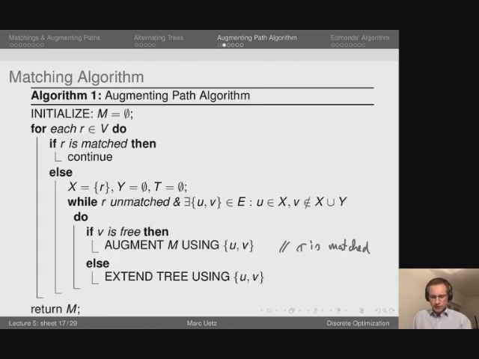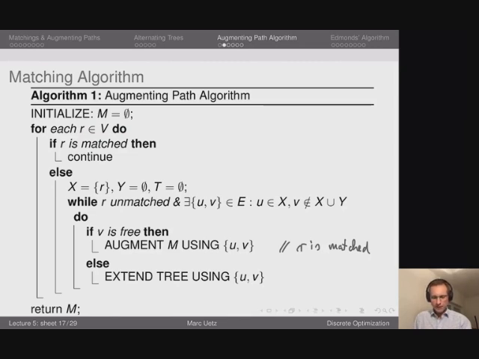Okay, so as usual, we start by initializing with an empty matching, and then we iterate, we go through this for loop for all the vertices of the graph. And the way to think about this is that all these vertices, which are called R for a reason, are considered to be root nodes of an alternating tree.